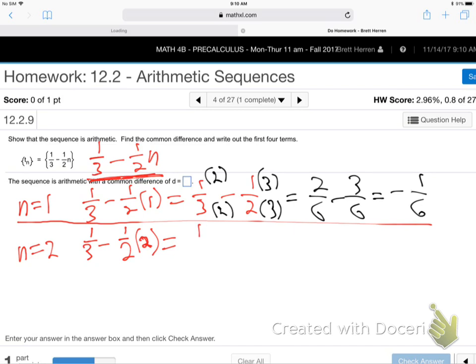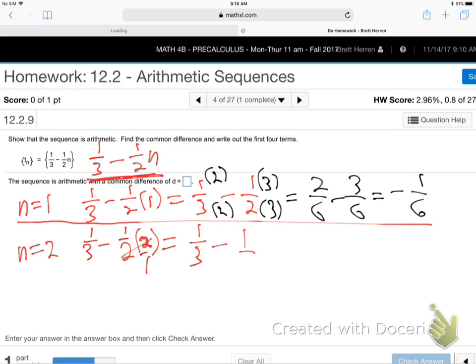Like that. Which is 1/3 minus. And what do you do with a half times 2? Put 2 over 1, right? Whenever a whole number interacts with a fraction, put it over 1. Cross cancel. So it's 1/3 minus 1. Good so far? And then you know what we need to do. Common denominator, huh?